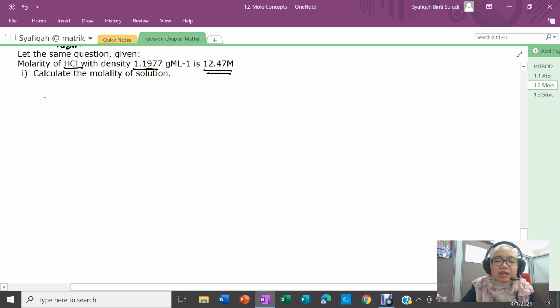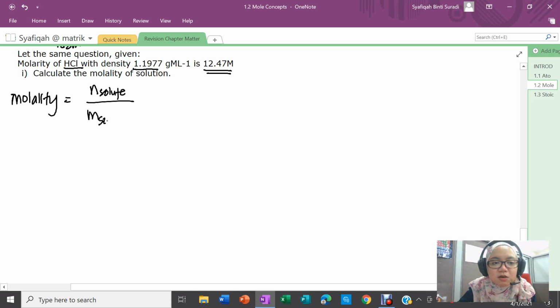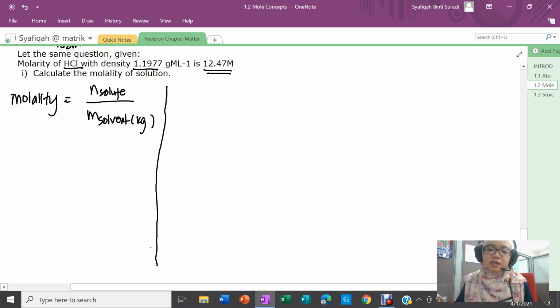Okay. First, kita kena keluarkan dulu apa formula molality. So, formula molality is equals to mole of solute divide dengan mass of solvent in kg. So, you have to know this maklumat lah to find the molality.